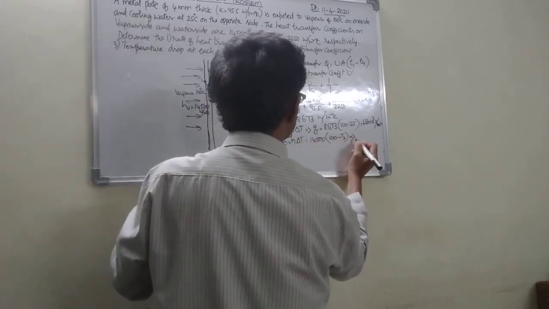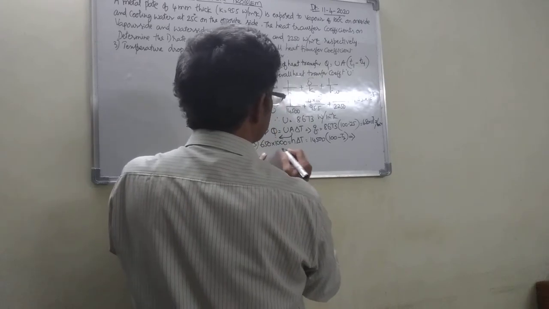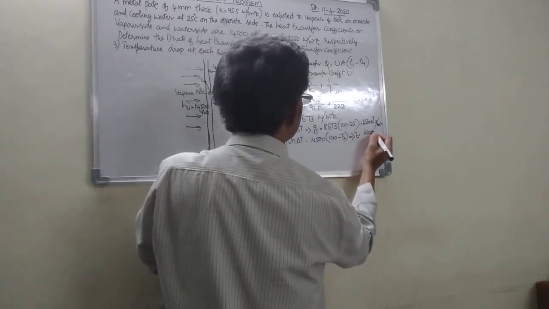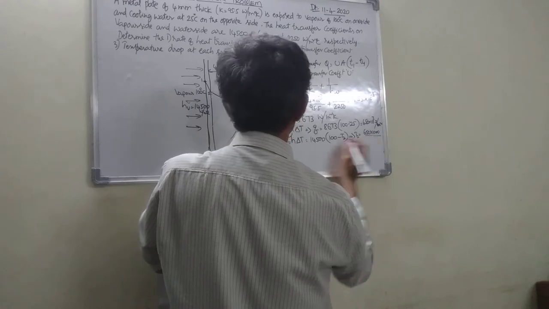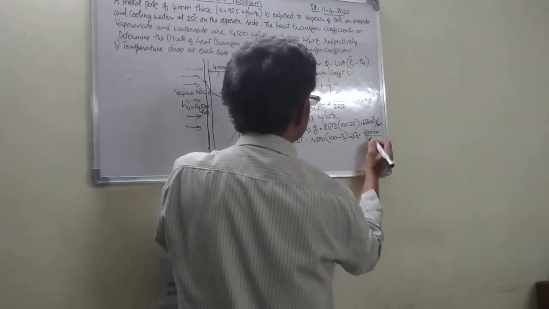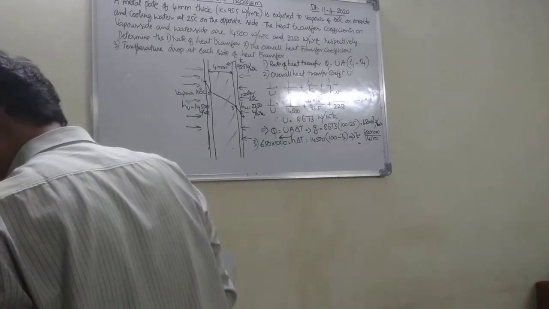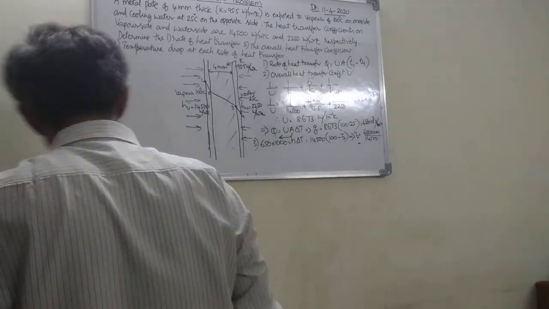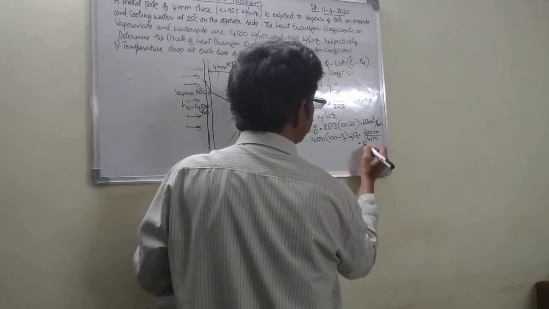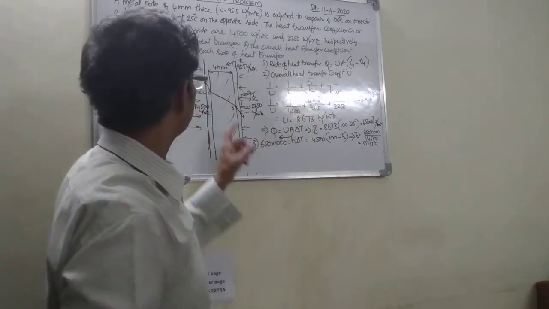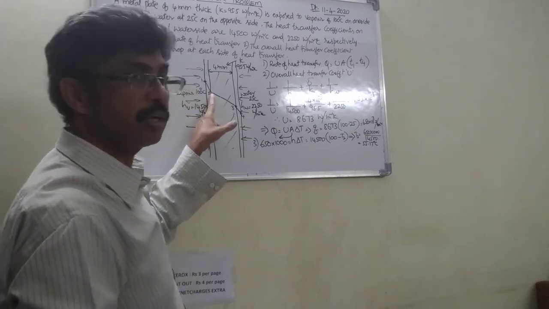From this equation, T2 is equal to 650,000 divided by H, that is 14,500. The value of T2 will be coming to around 55.17 degrees centigrade. So now you have the temperature at point number 2.